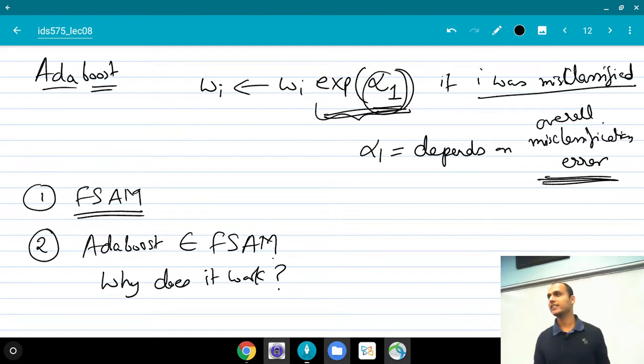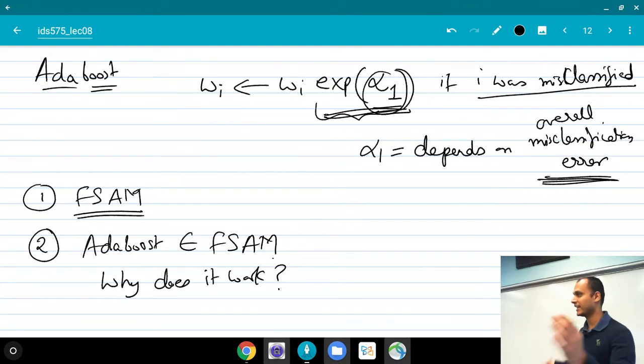We just saw a procedure where you start with some data, upweight and downweight the data points, and have these weak classifiers that you concatenate and add together. Why does it do good predictions? In the notes you'll see they compare decision trees with Adaboost, and Adaboost achieves very low test error as you keep adding these weak models.